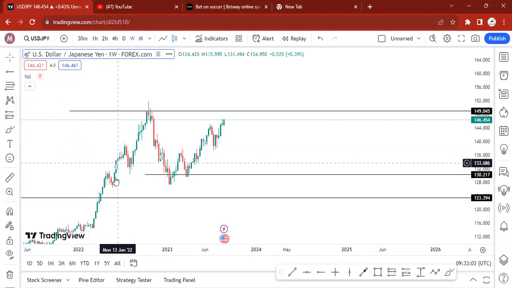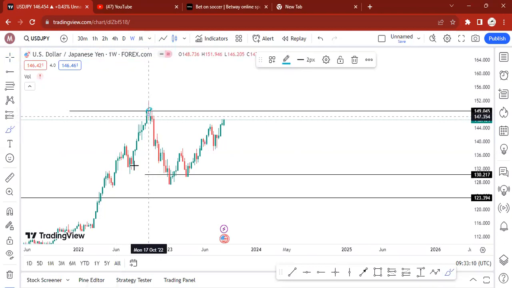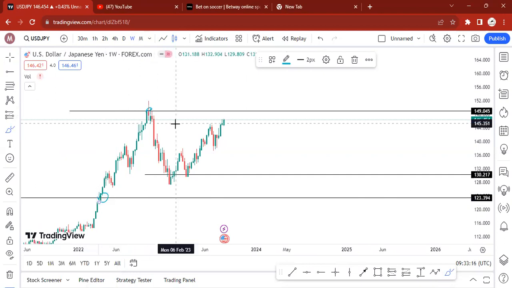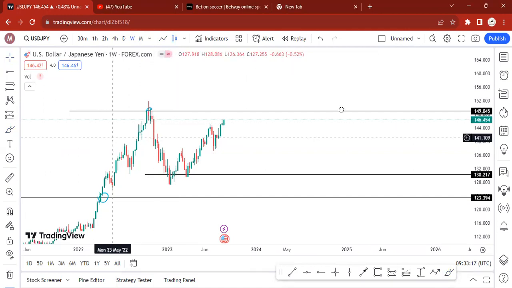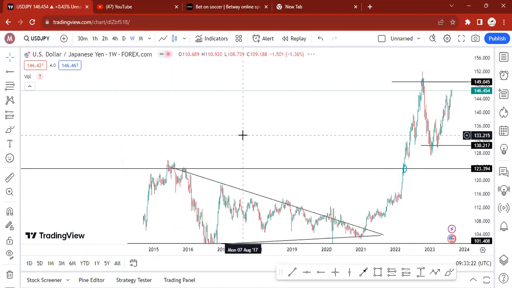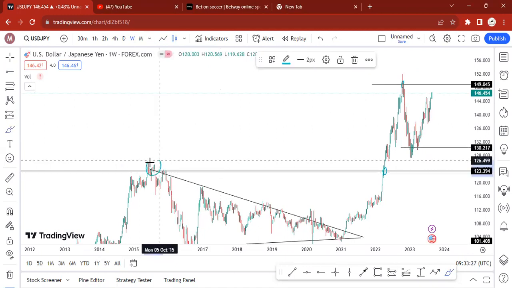So we have our first level of resistance here. And then here it was our point of resistance from the previous chart, as we can see on our higher time frame, which is the monthly chart.